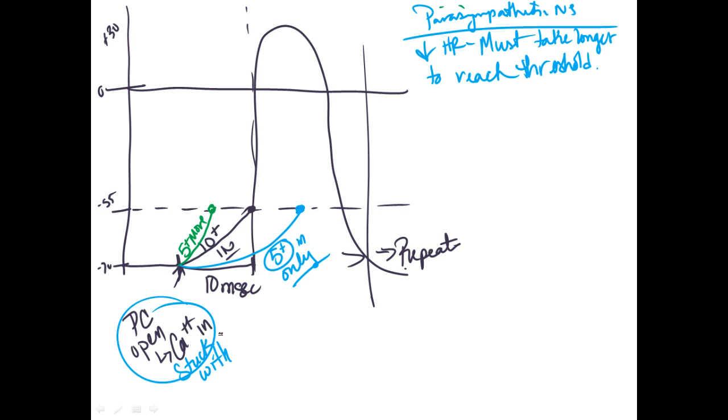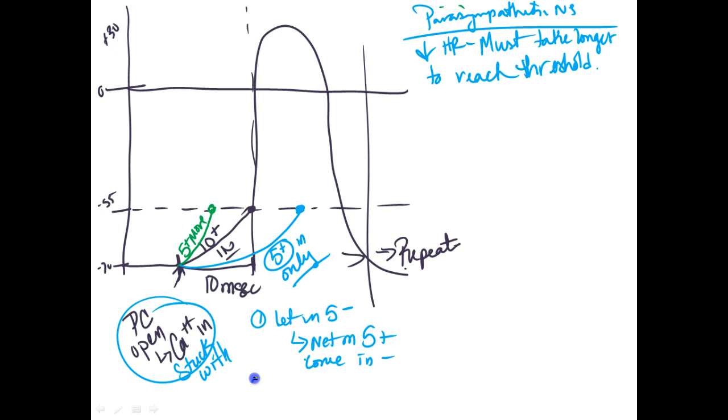Okay? We're stuck with those 10 positives, but option 1 is, let's say we let in some negatives. So at the same time we have 10 positives coming in, we let in 5 negative ions. Well, 10 positives, 5 negatives, that means net only 5 comes in. 5 positives come in, and we've hit our goal.